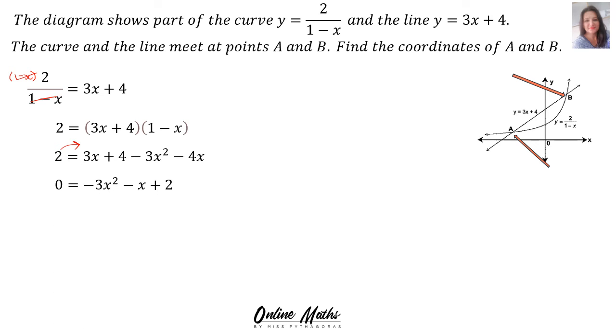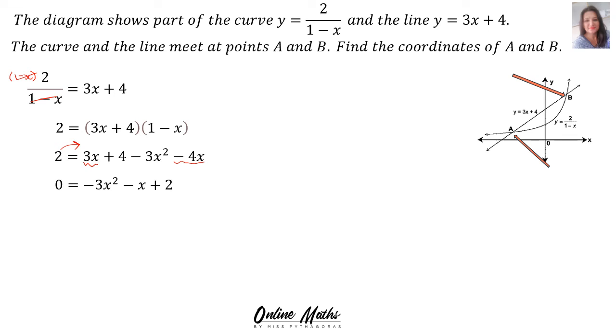And then in the next step, I will let the 2 walk across and I will add all the like terms. So I end with 0 equals negative 3x squared, and then what happened was 3x minus 4x is negative x, and then plus 4 minus the 2x that came from the other side becomes plus 2.